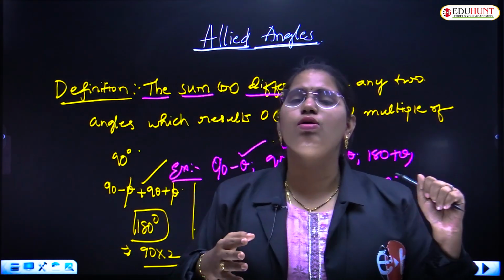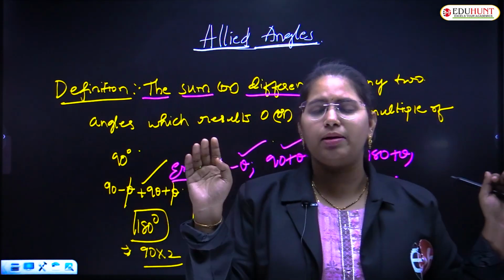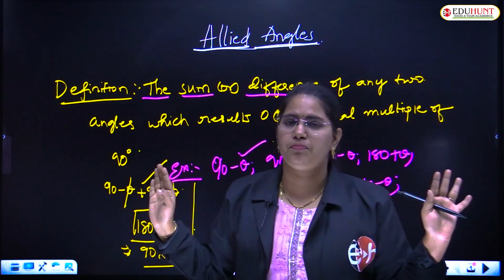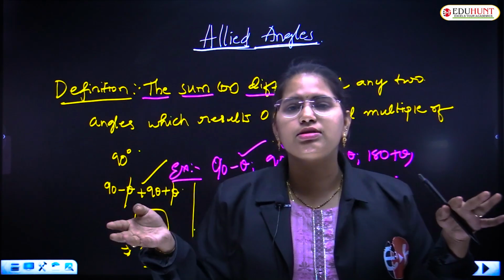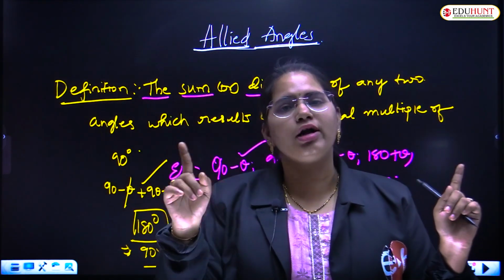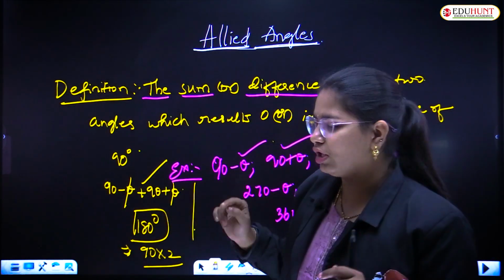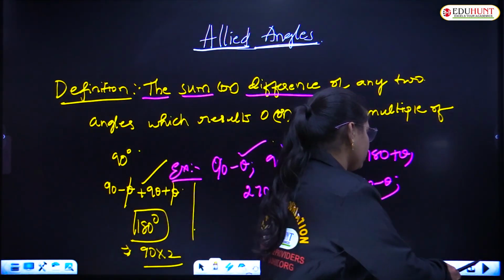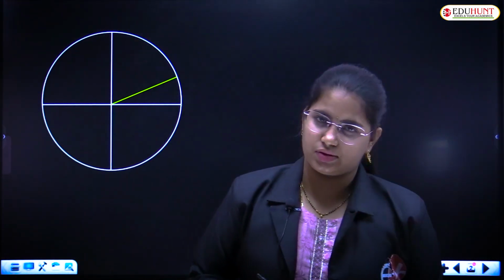Either you will get 0, or 180 degree, or any integral multiple of 90 degree. I hope I am clear with the definition part. So, what are allied angles? Any two angles, if you add or subtract, you should get a result of 0 degree or an integral multiple of 90 degree. Clear? Chalo.